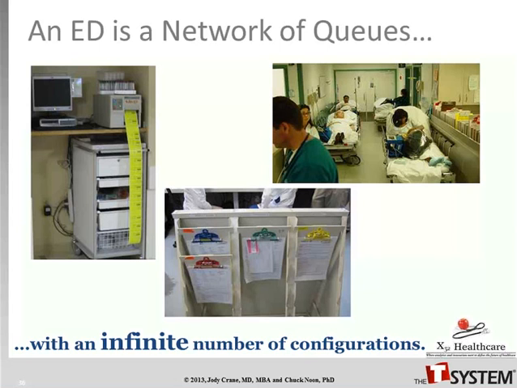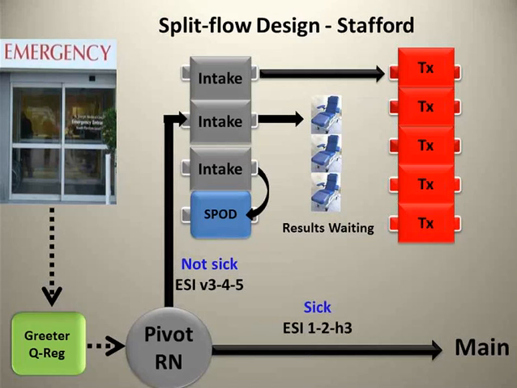It's similar to other service operations like Starbucks and McDonald's. The challenge is, if somebody waits a long time to get a cup of coffee, they're probably not going to die. They're probably not going to have a bad outcome. But if we don't get it right in emergency medicine, patients are going to have bad outcomes. So the stakes are much higher in emergency medicine.